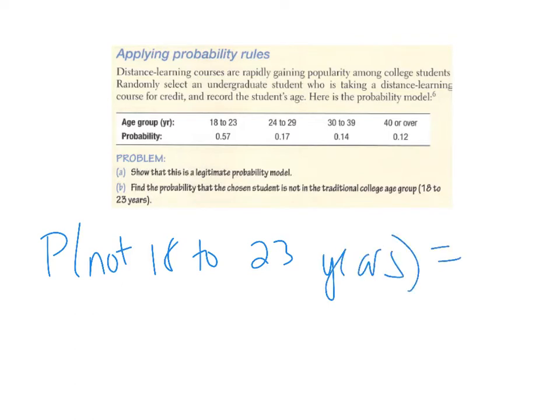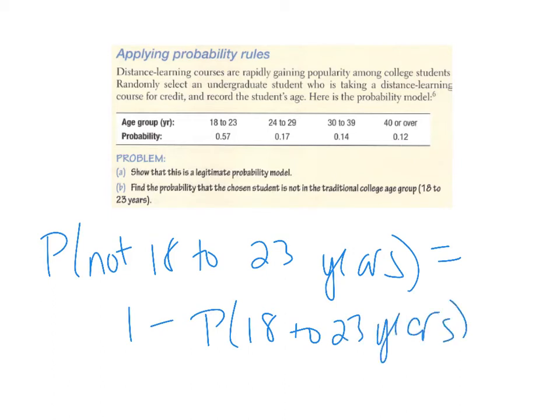And to find that, I can use my complement rule, which is 1 minus the probability that they are 18 to 23 years, which comes out to 1 minus 0.57, which is 0.43.